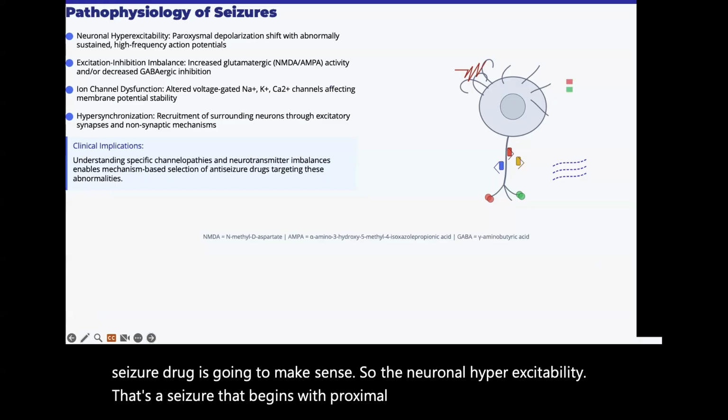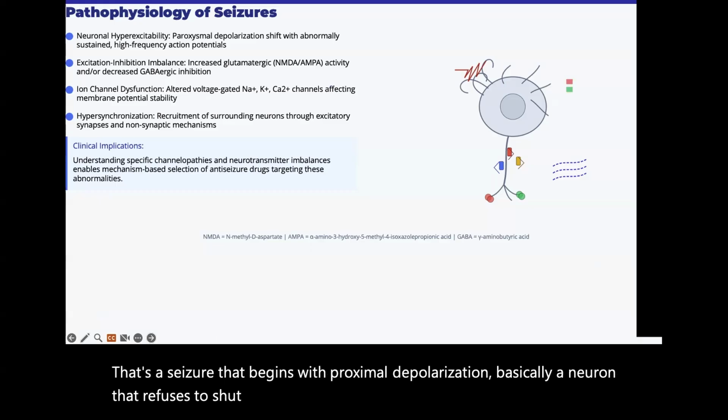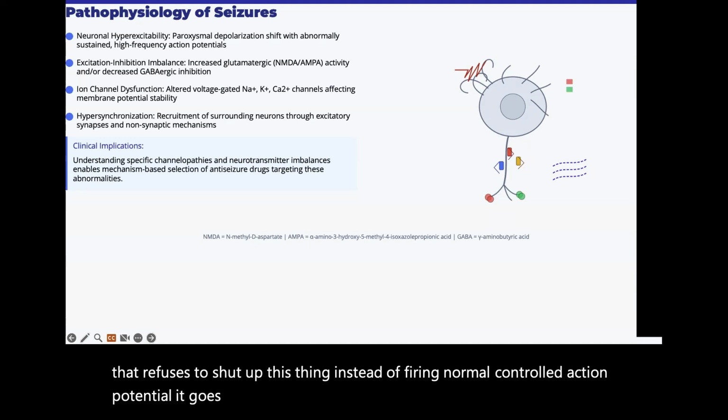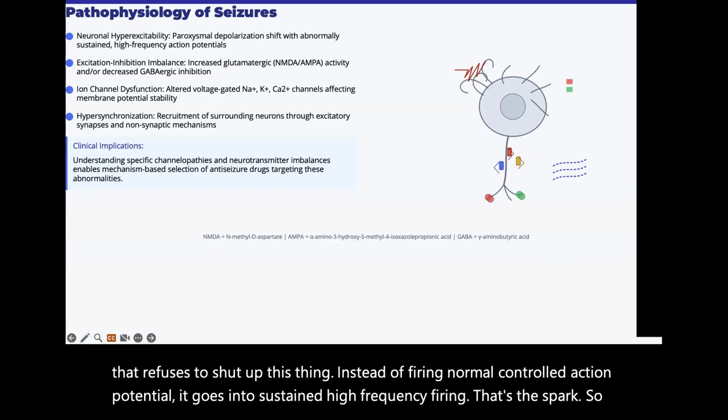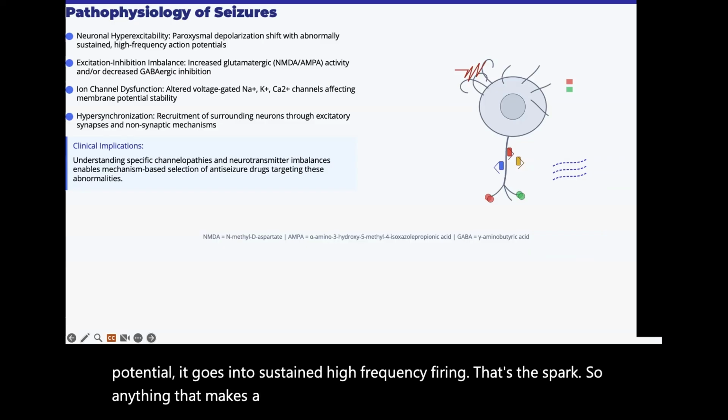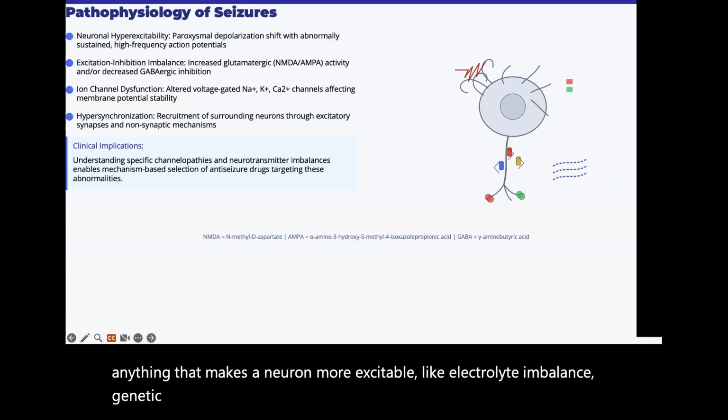Basically, a neuron that refuses to shut up. Instead of firing a normal, controlled action potential, it goes into sustained high frequency firing. That's the spark. So anything that makes a neuron more excitable, like electrolyte imbalance, genetic mutations, inflammation, metabolic derangement, that can set the stage.